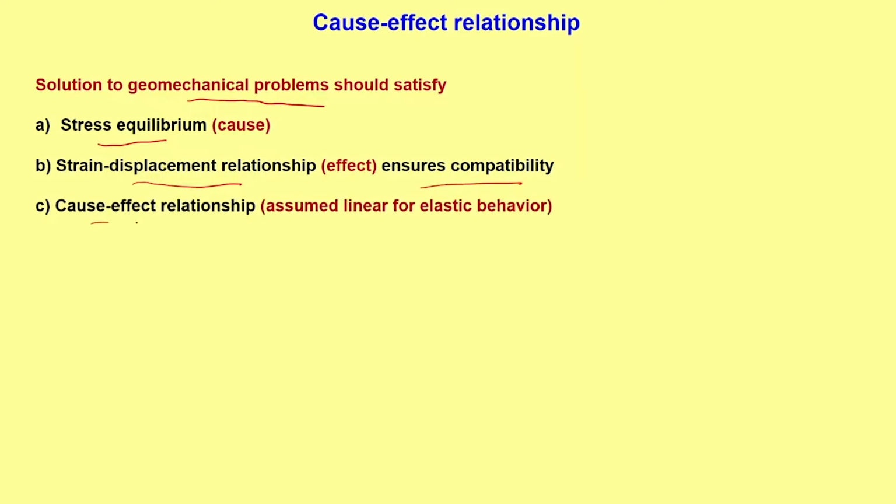Then there is the cause effect relationship, and in most cases, for simplicity, it is assumed linear for elastic behavior. Now, why I have specified it here is to make you understand that cause effect relationship really talks about the material behavior.